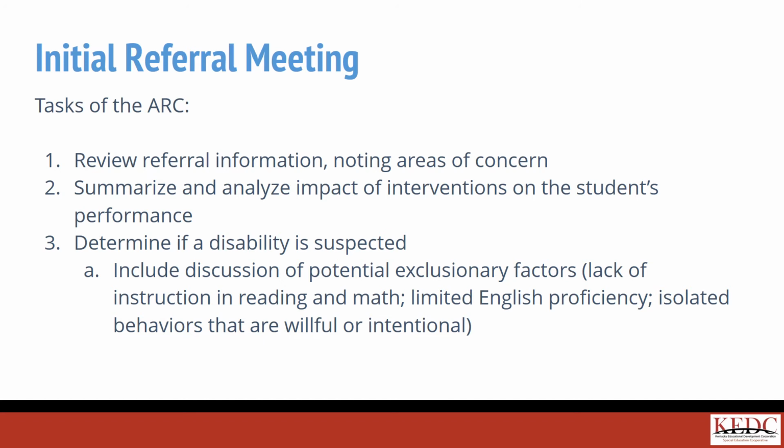At this time, the ARC should also have some conversation about the potential exclusionary factors of lack of instruction in reading and math and limited English proficiency. This will allow the ARC to either, number one, develop an appropriate evaluation plan to gather necessary information, or number two, determine what additional interventions might need to be implemented prior to considering a referral.